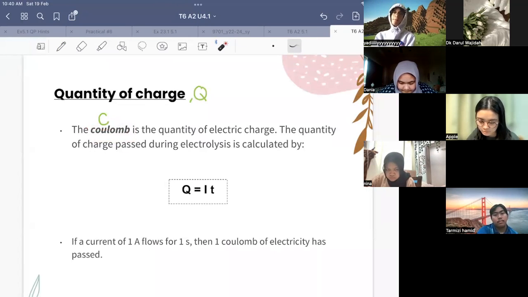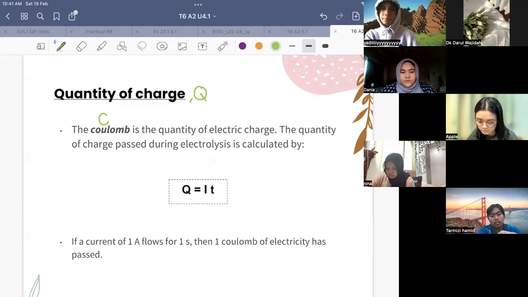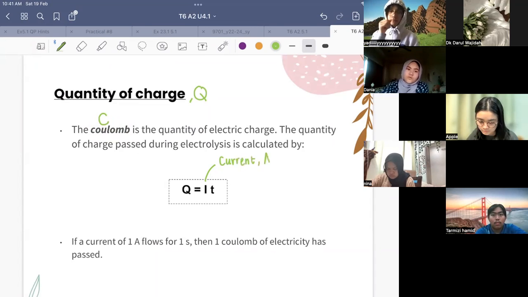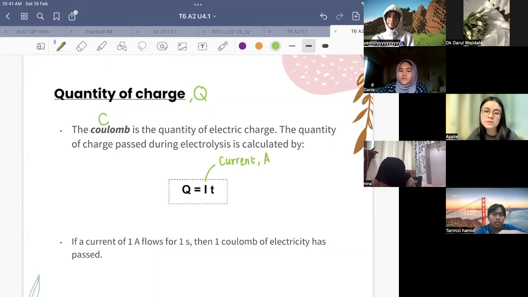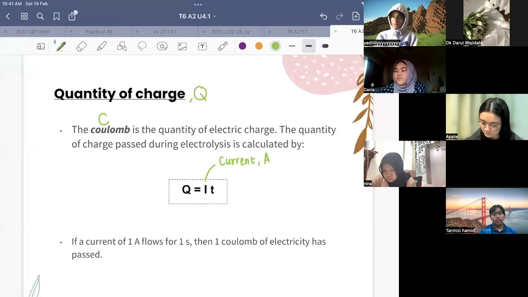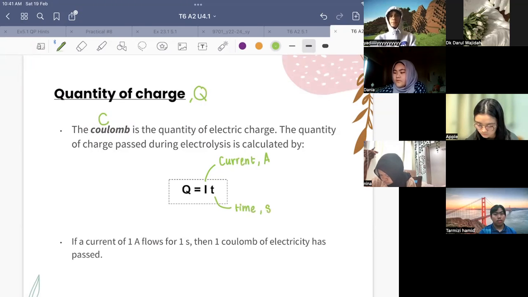How do we find the quantity of charge? During electrolysis, we take Q equals It, where I is the current in amperes, A. Have you come across amperes before? Amps, okay? Current in amps, and t is time in seconds.